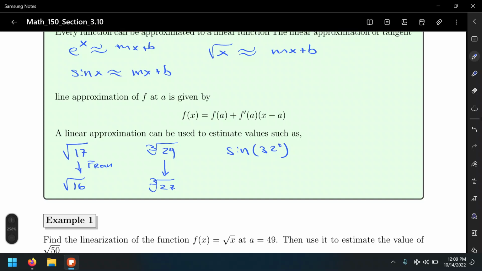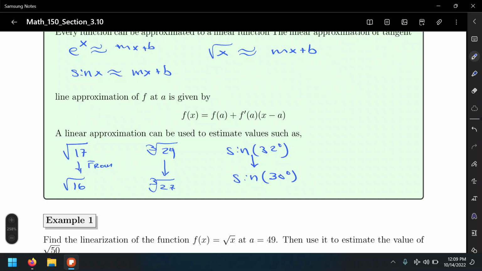So, however, this sine of 32 can be approximated via, okay, what would be the closer angle that we know its exact value? 30 degrees, right? And a bunch more situations we can approximate these values, all right?